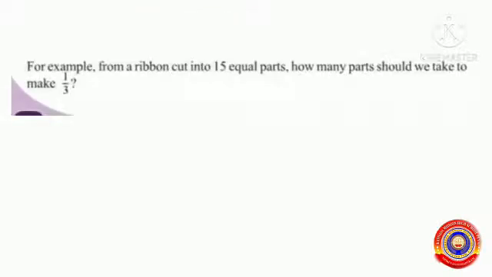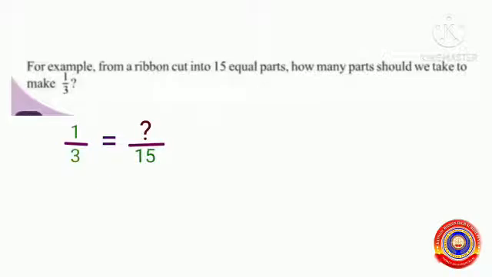For example, from a ribbon cut into 15 equal parts, how many parts should we take to make 1 by 3? Here, we have to find out 1 by 3 part of the 15 equal parts. That is, we have to find the equivalent fraction of 1 by 3 with 15 as the denominator.